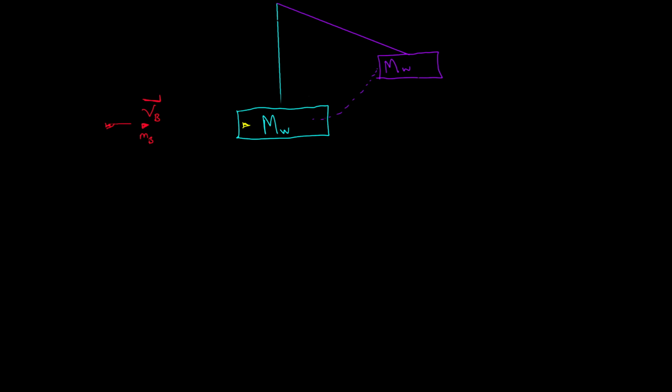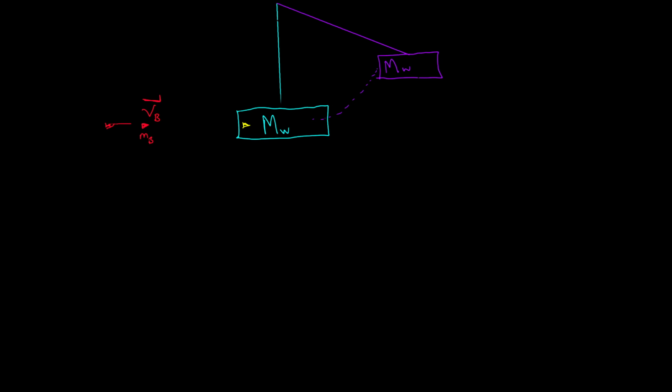But so we're going to have to divide this into a couple of different phases. We're going to have a moment before the bullet hits the block and after the bullet hits the block. And then that's going to have a first half, and then there's a second half where the bullet has hit the block and the block starts moving.